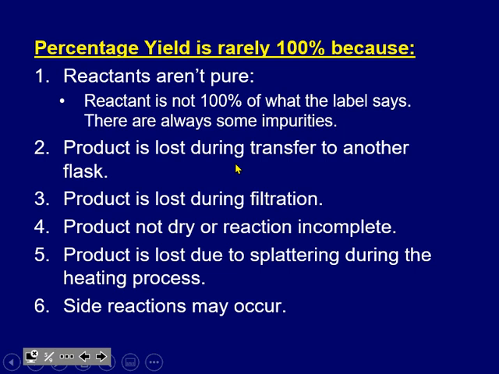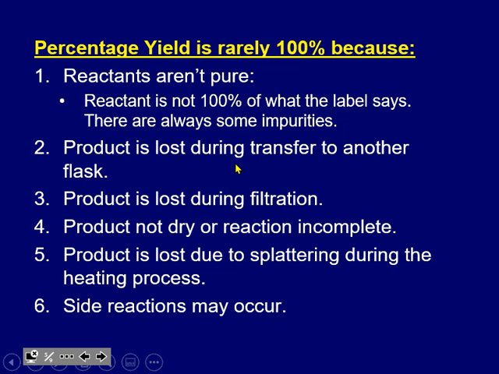Same thing with chemicals. Product loss due to filtration. We didn't filter anything, but we often do. If we form a precipitate, we can take a filter paper. The folding I was doing there gives it a coffee filter orientation. We use a funnel along with something like an Erlenmeyer flask, and we filter it.